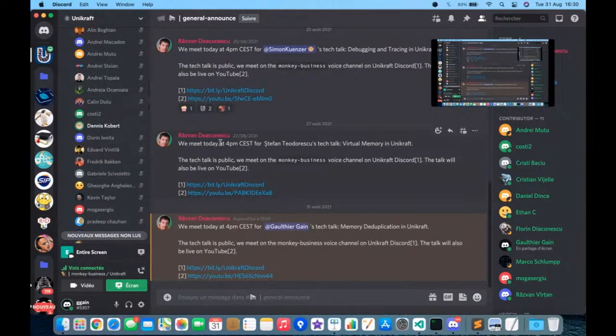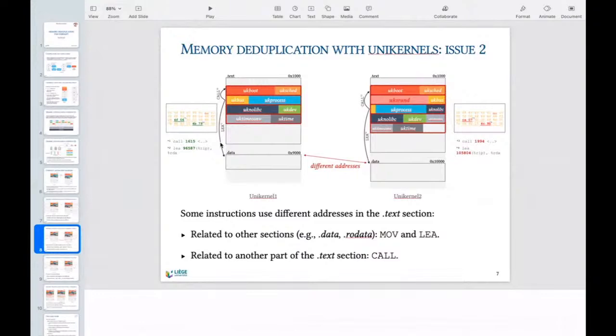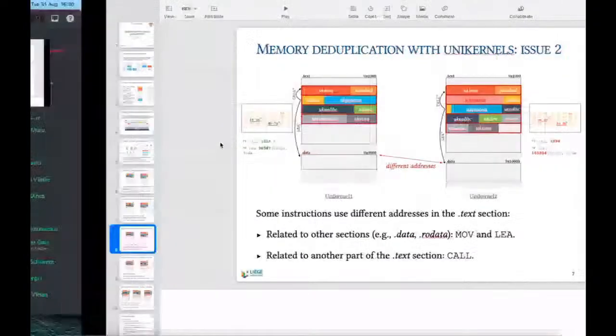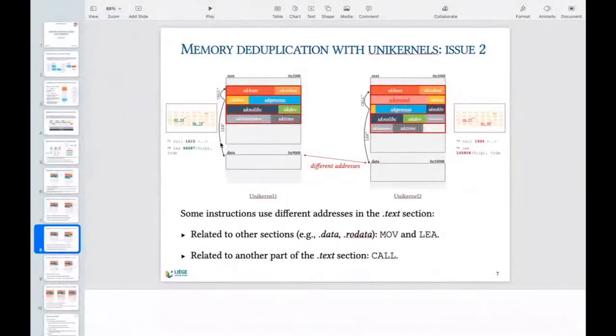I have a question. Yeah, sure. What about the computational complexity of aligning the different microlibs? Finding the perfect alignment sounds like an NP-hard problem. Yeah, to find the perfect alignment is quite complicated because we can have several permutations. But we have tried to build a unikernel with a maximum of microlibs, and we computed the map of all these microlibs.